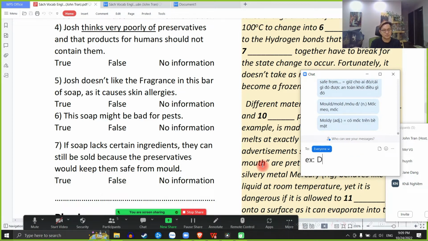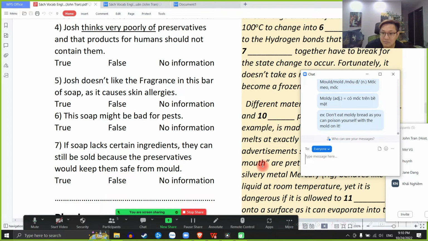For example, don't eat moldy bread as you can poison yourself with the mold on it. Đừng có ăn bánh mì mốc bởi vì các bạn có thể đầu độc bản thân với cái mốc trên đó đấy.